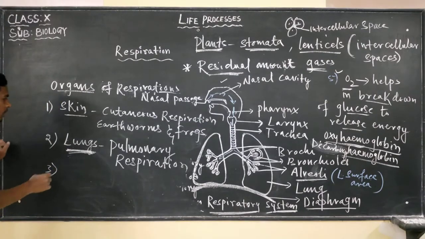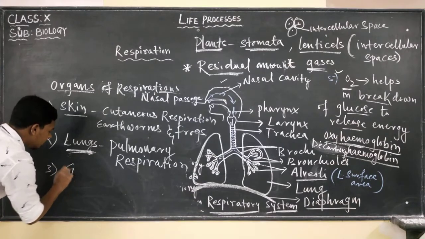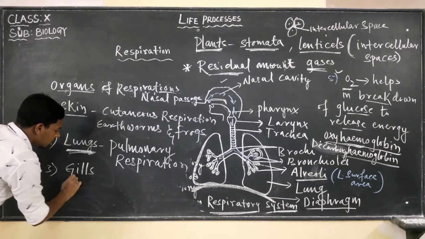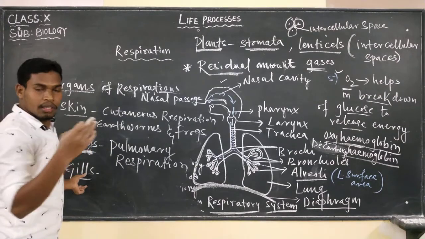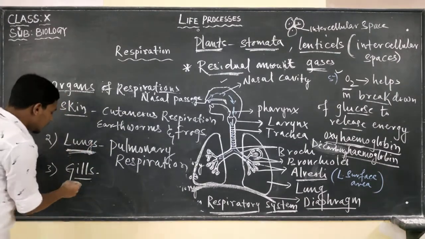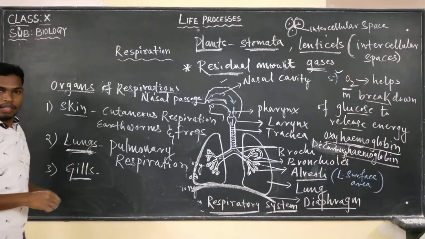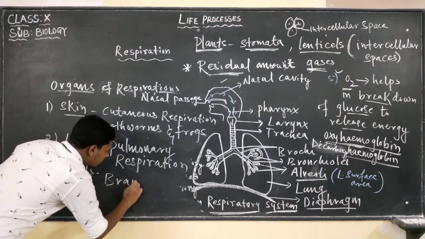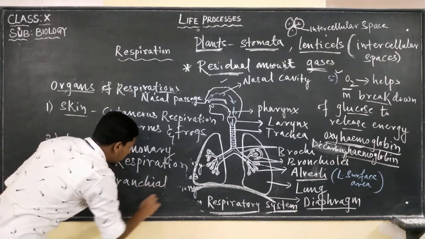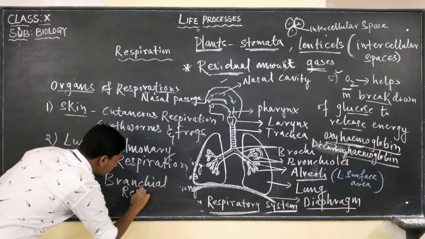And the third one is through gills, right? We saw that fish and prawn respire through gills. If it is through gills, then it is known as branchial respiration.